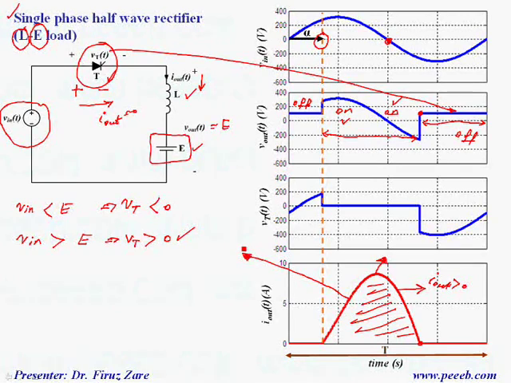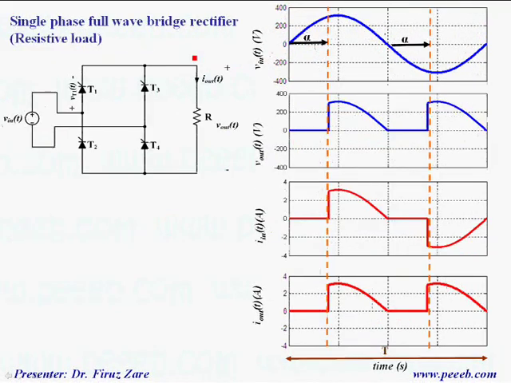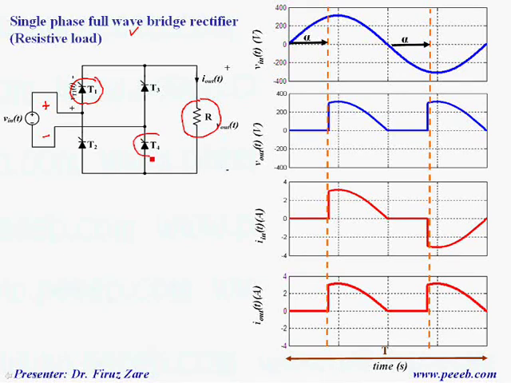This is a single phase full wave bridge rectifier based on resistive load, similar to a diode rectifier. When we have a positive voltage, this thyristor and this thyristor have positive voltage, but they are in the off state because there is no gate signal.